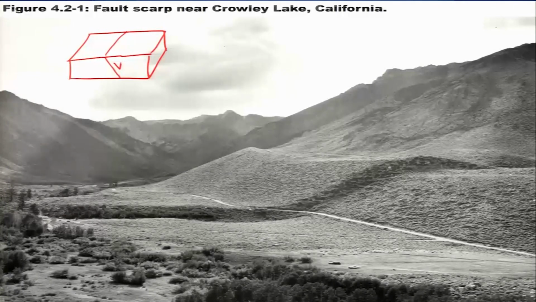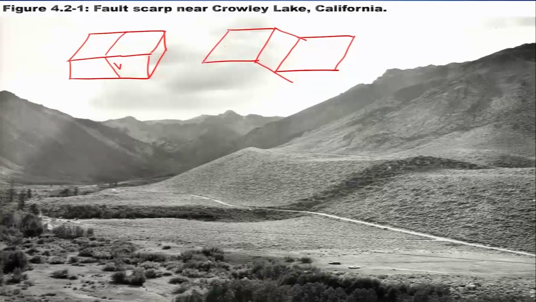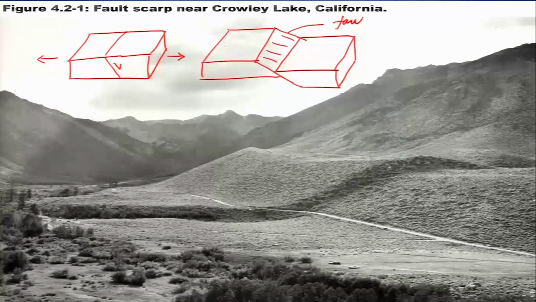So, if this is moving down, then what we see in the next is this feature which is developed, and both blocks have been stretched away from one another. This feature on the surface we will call a fault scarp.